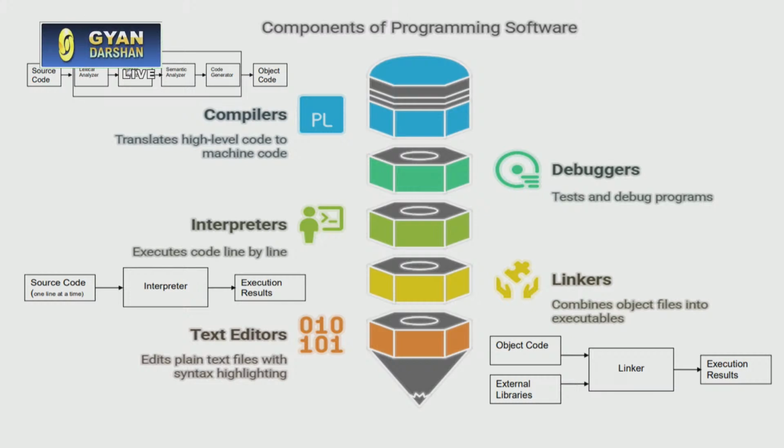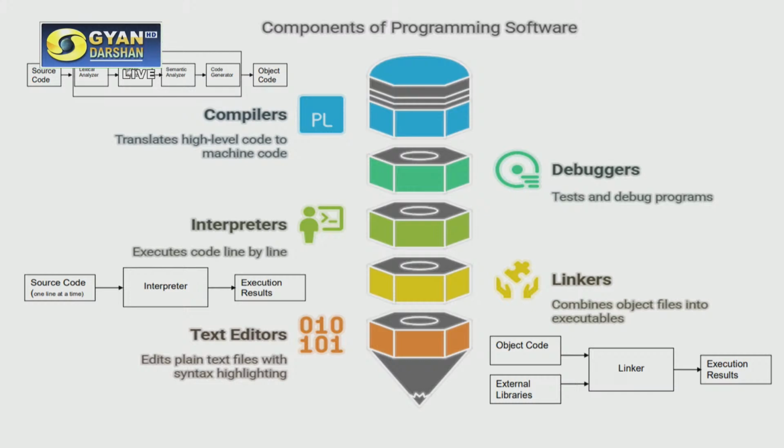The source code is passed to the compiler, where lexical analysis is performed, and thereafter semantic and syntactic analysis is done. After that, the code is generated and finally delivered in the format of the OBJ file. So the compiler performs lexical analysis, semantic analysis, syntactic analysis, and generation of the code on the basis of which the OBJ file is produced.